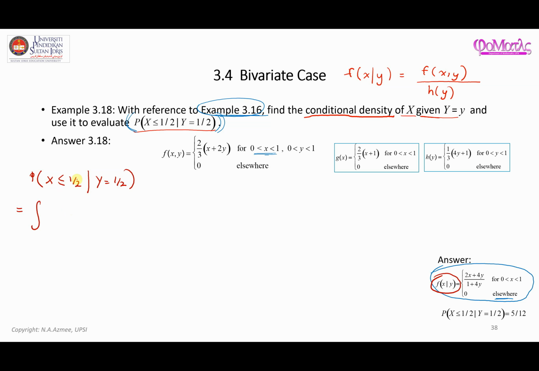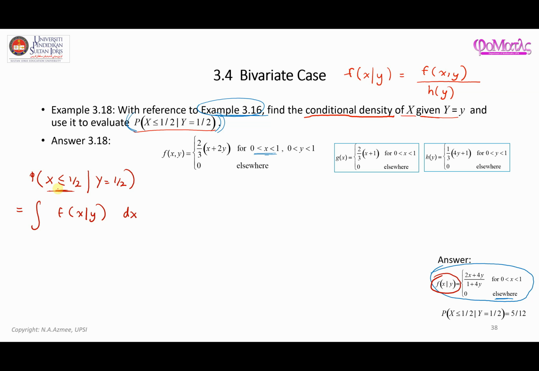Because you're talking about conditional probability, you need to integrate the conditional density of x given y, and we're going to do it with respect to x, because x is the one you're interested in. You're interested in finding the probability of x being less than or equal to half.